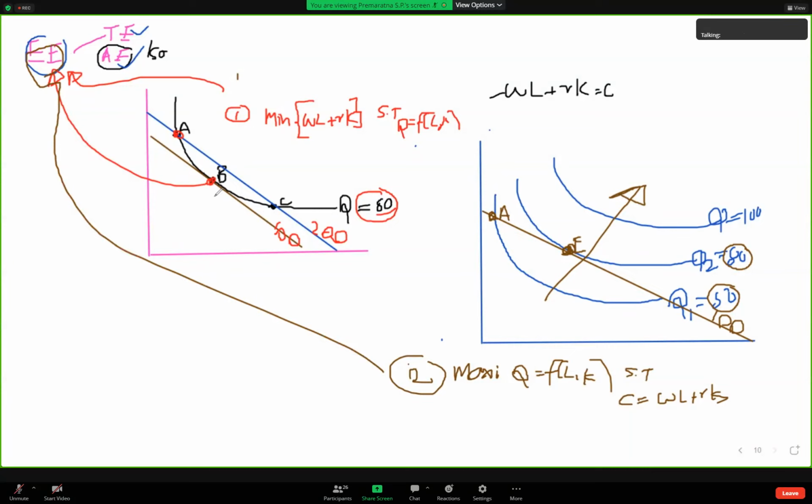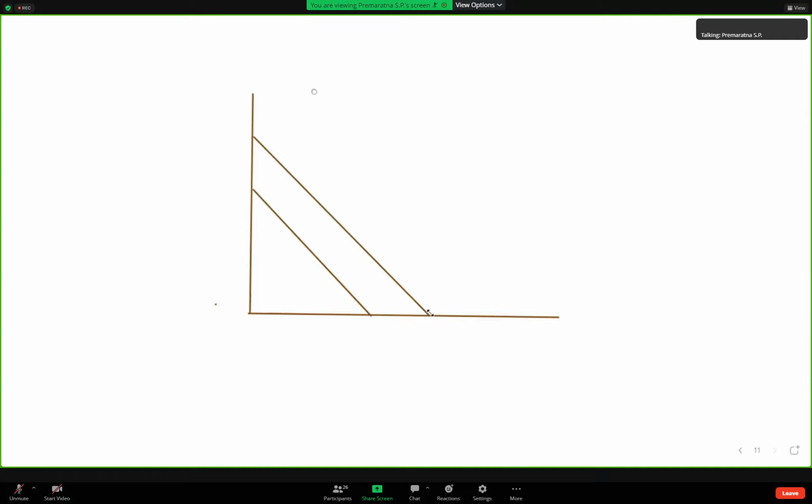When they reach economic efficiency, what happens when they expand? Let me go to the next slide. The firm expands, what happens? They expand their budget, increase the budget, iso-cost curve like this.